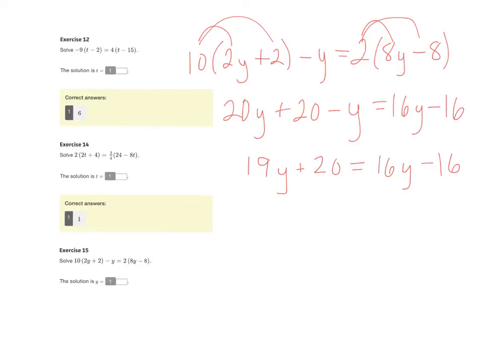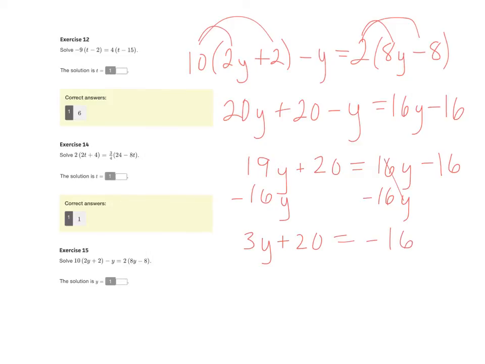And so my options for my variables are, should I minus 19y from both sides, that would give me a negative 3, or should I minus 16y from both sides, and that would leave me with positive 3. I want to stay positive, so what we're going to do is minus 16y on both sides. That's going to give me 3y plus 20 is equal to negative 16.